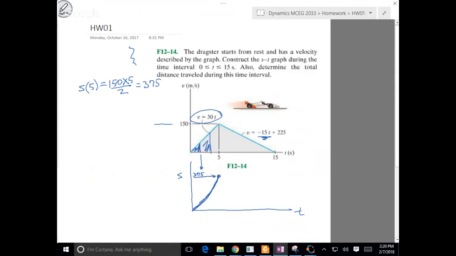And then the question is, what actually happens when you move to the right of it? Let's say we want to find the position at 6 seconds. Well, it should be 375 plus an additional amount, so it doesn't go down. It has to continue rising, but how much does it rise?